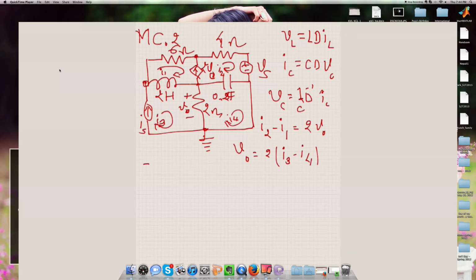So that will give us I2 minus I1 minus 4 I3, then plus 4 I4 equals 0. And since we want to have the matrix expression, let's rearrange this in this form.